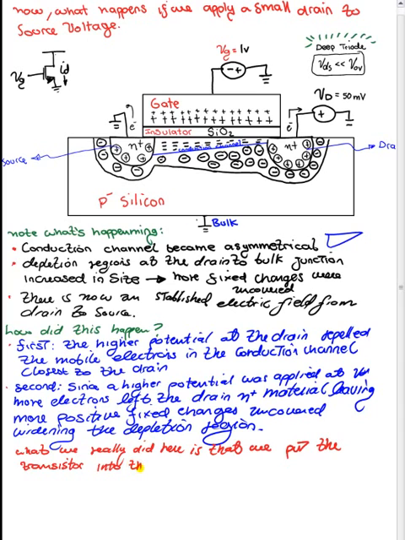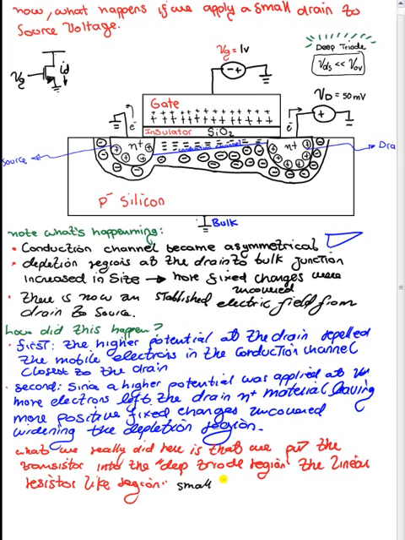The triode region is called the linear resistor-like region. So that means that small changes in VDS generate proportional changes in drain current.